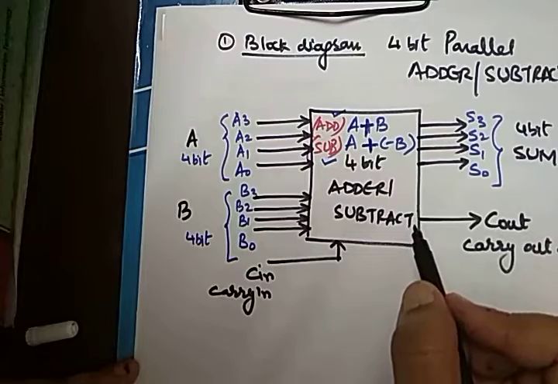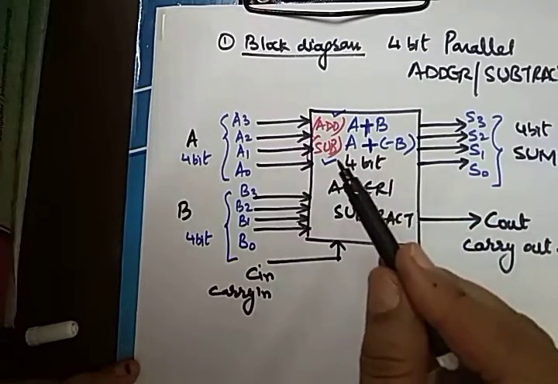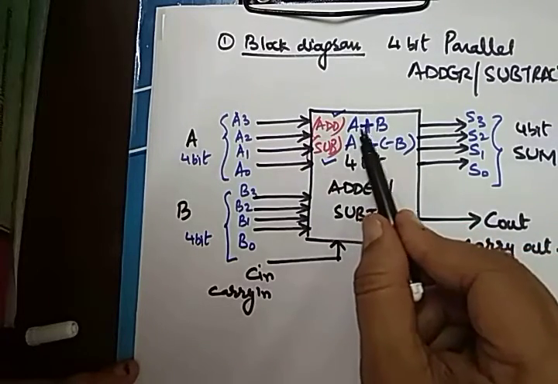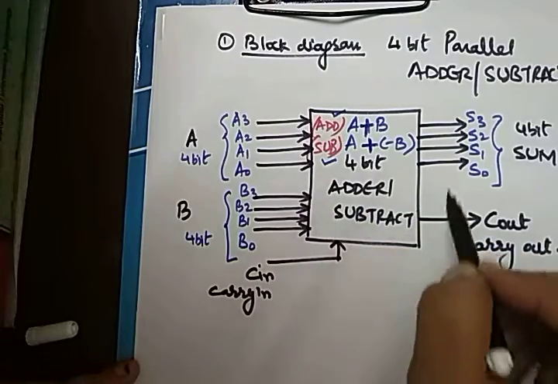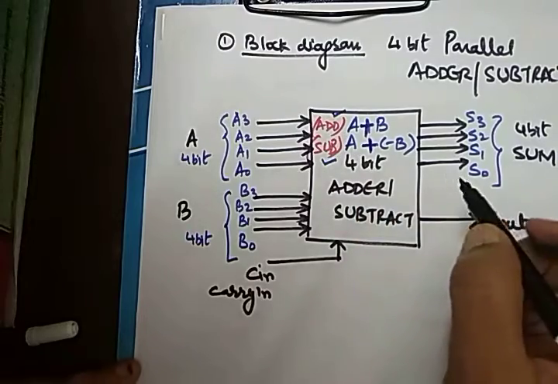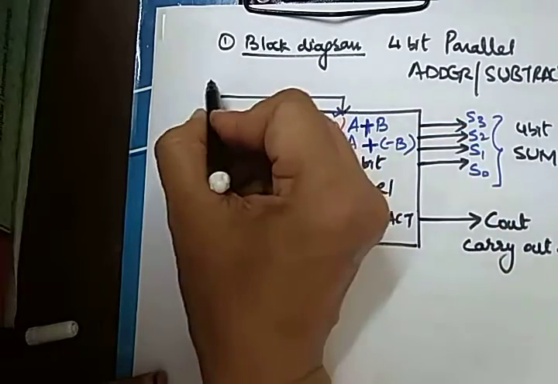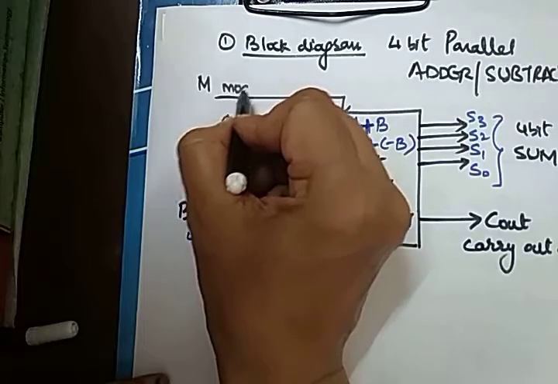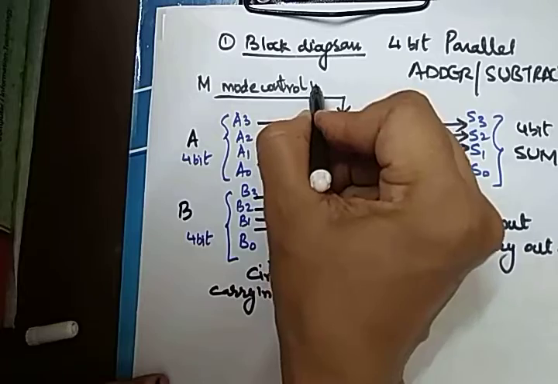Up till here, this circuit is identical to the 4-bit parallel adder, which was doing the function of A plus B addition. Now, if the same circuit needs to perform two functions, there will be another input which will be called the M input, which is the mode control input.